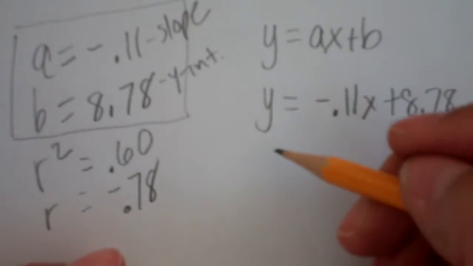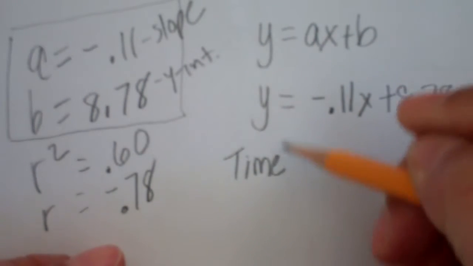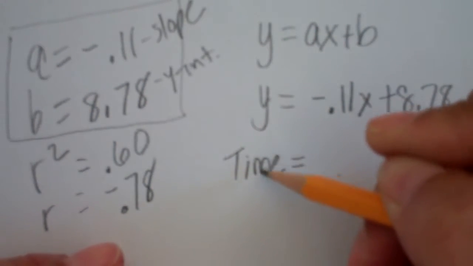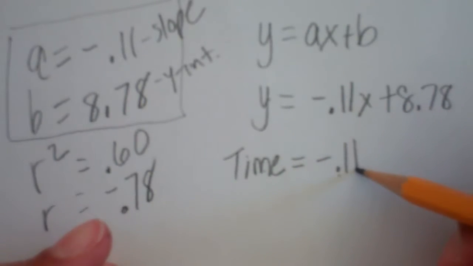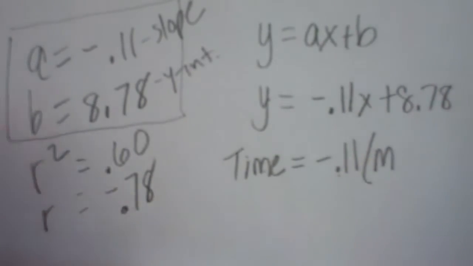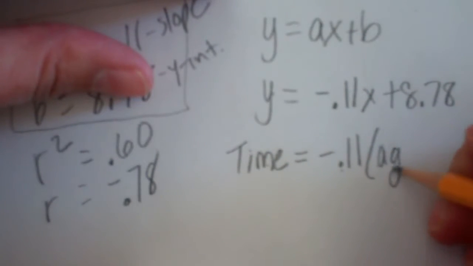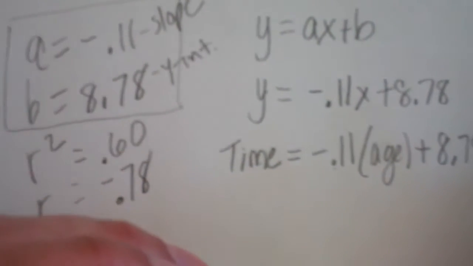Let's make it a little bit more professional and say what the variables mean. So y is time. We're going to be able to predict time based upon this slope, -0.11, times your age in years, plus our y-intercept, 8.78.